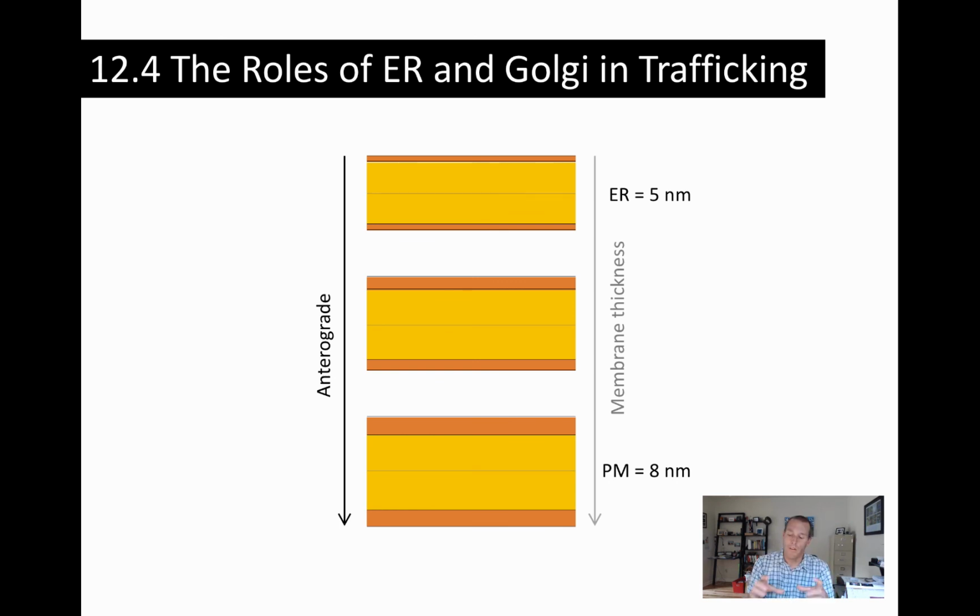The width of the membrane has to match the width of the hydrophobic transmembrane segment so that we can fit the transmembrane region into the membrane. If they're too long or too short, then the migration of the protein towards the TGN, the trans-Golgi network, is blocked. So there's a neat little biophysical barrier to the movement of certain proteins into certain compartments.